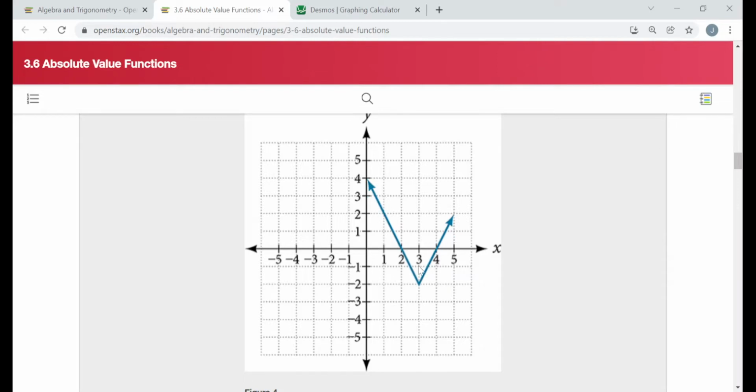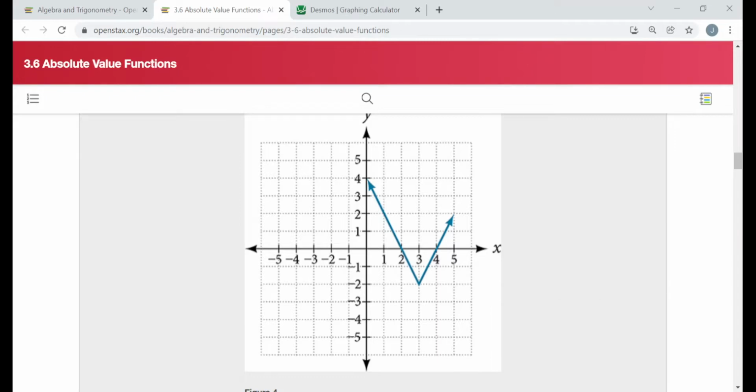So what I'm going to be doing is taking the toolkit function, the basic library function, the absolute value function, and performing transformations to change it into this function they're giving us here.